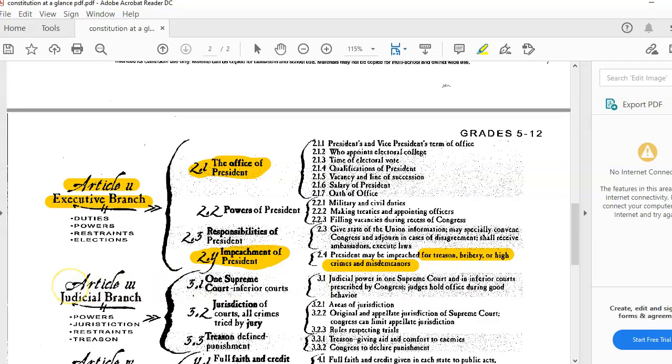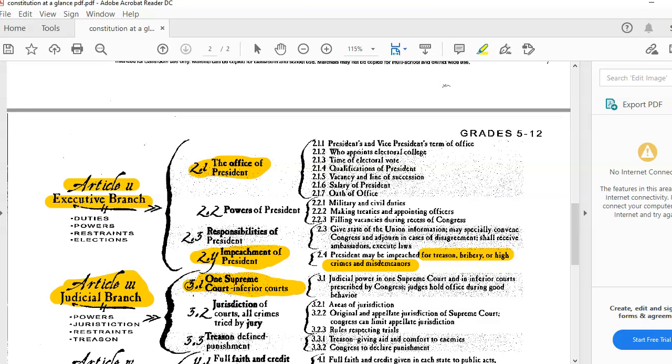All right, Article 3. Article 3 is the judicial branch. The judicial branch is the court system. The main court, the highest court, is the Supreme Court. So we're going to highlight 3.1, Supreme Court. And the Supreme Court will hear cases that a lot of times have already been heard by lower courts.